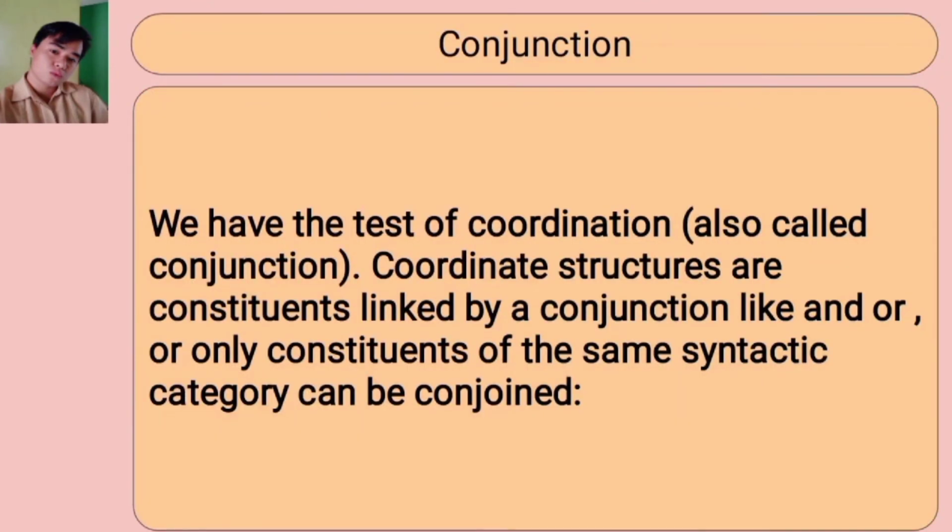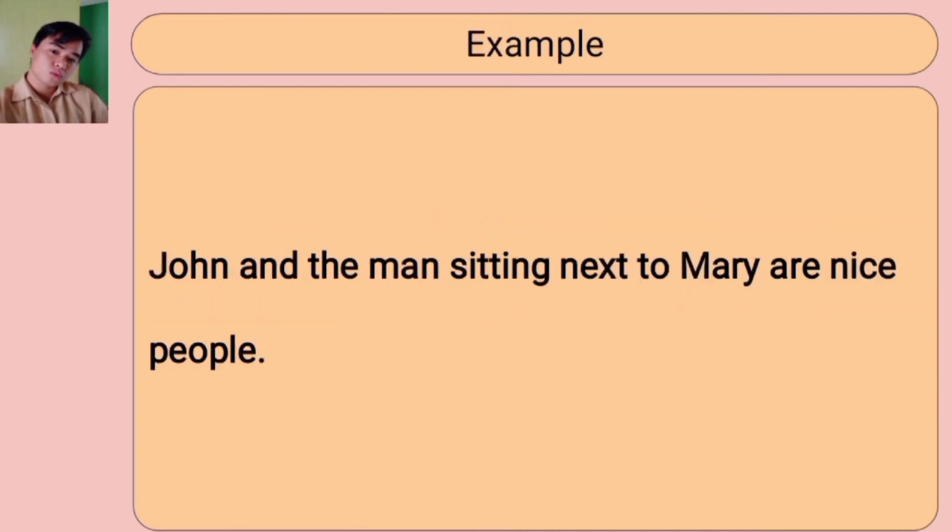We have the test of coordination, also called conjunction. Coordinate structures are constituents linked by a conjunction like "and," and only constituents of the same syntactic category can be conjoined. So basically, if I can group things, if they can do things together, then they're constituents of the same type. Here's an example. John and the man sitting next to Mary, even though it contains six words, is a noun phrase, just like John.